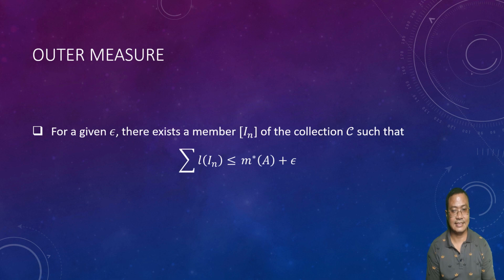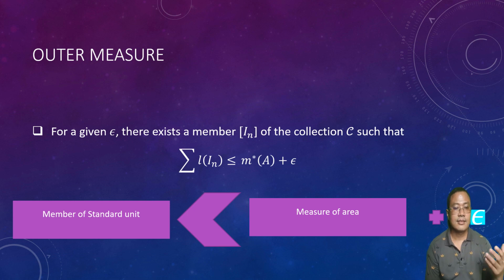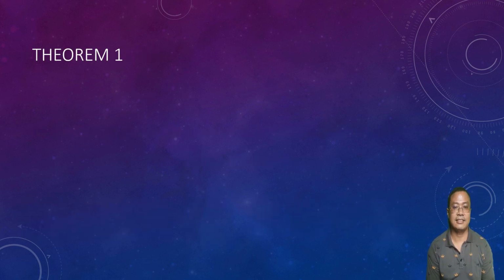This is directly coming from the definition of infimum, which I already explained. So if you add something more, the result will be greater than the infimum. That is the meaning of this.